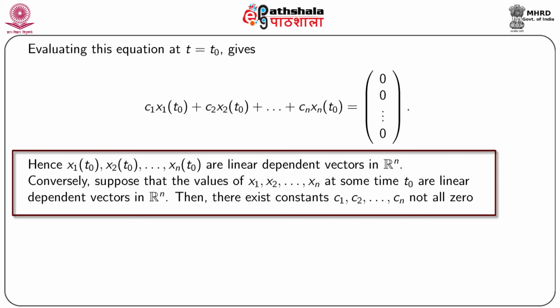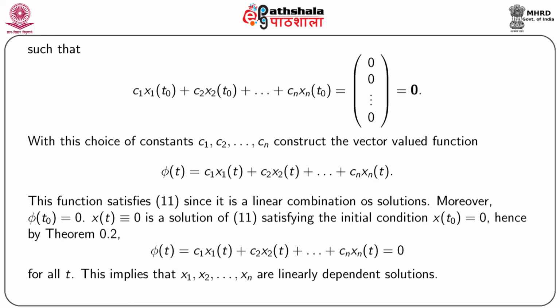Conversely, suppose the values of x1, x2, ..., xn at some time t0 are linearly dependent vectors in Rn. Then there exist constants C1, C2, ..., Cn, not all 0, such that C1 x1(t0) + C2 x2(t0) + ... + Cn xn(t0) = 0 vector.